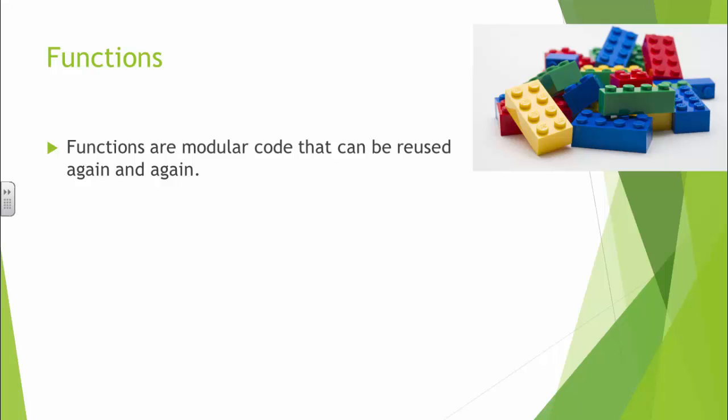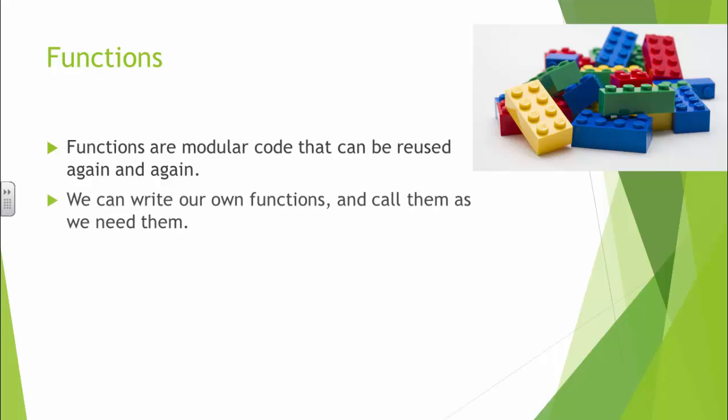They're also useful because we don't have to include the same code over and over again when we want to do the same kinds of things. We can write our own functions and call them as we need them. Today we're going to look at some functions that other people have created for us after we've done some simple definitions.